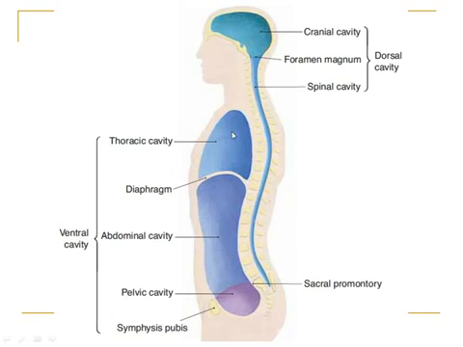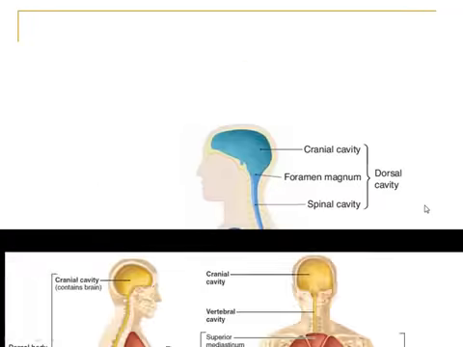And we have the ventral cavity. In the upper part of the body we have the thoracic cavity, separated from the abdominopelvic cavity by the diaphragm. The abdominal cavity and the pelvic cavity are continuous with one another.